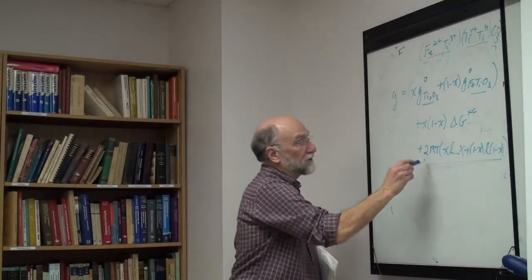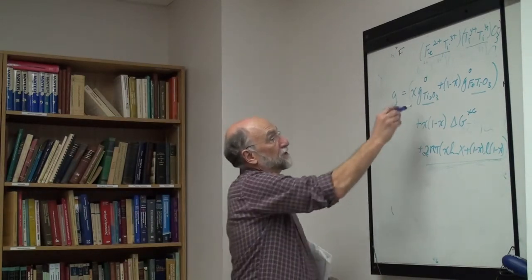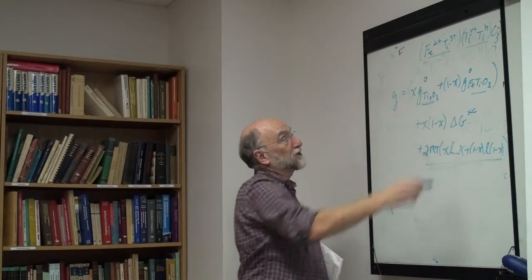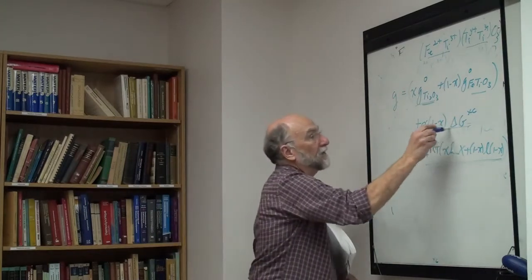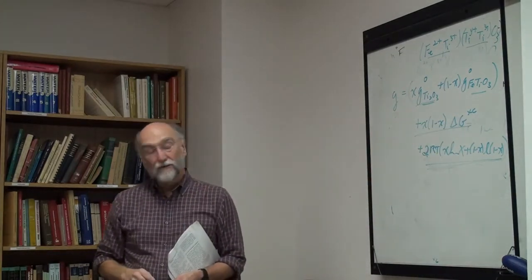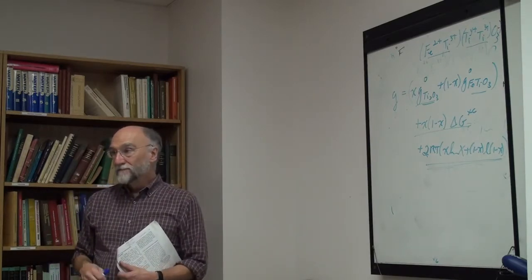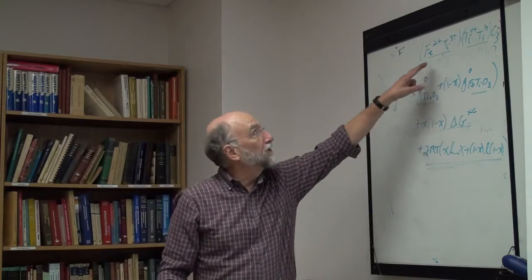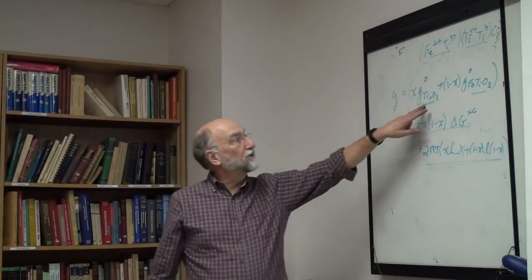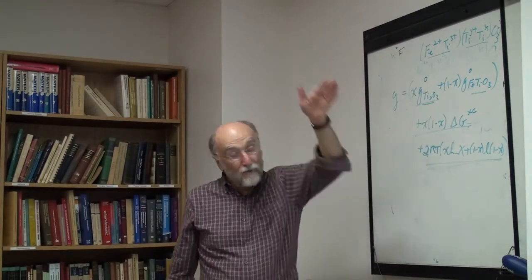So you got your random mixing term with a 2 here. This is just your x1 g01 plus x2 g02. And then you have a term here which is like a regular solution term, x times 1 minus x times delta G of exchange, where x is simply the mole fraction of Ti2O3 in the binary system along the join.